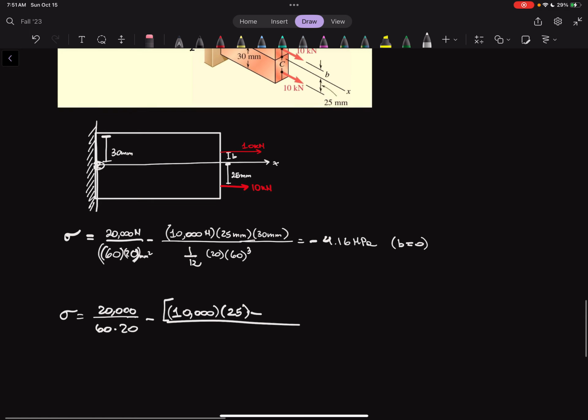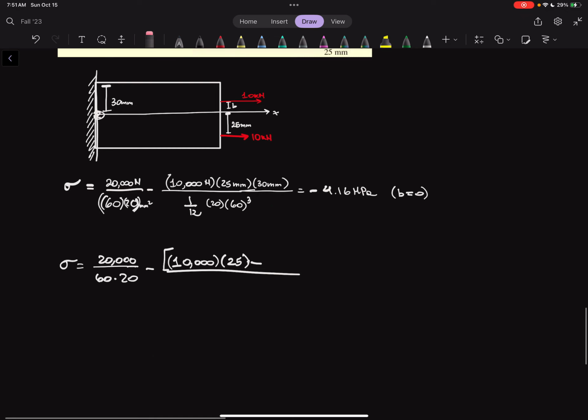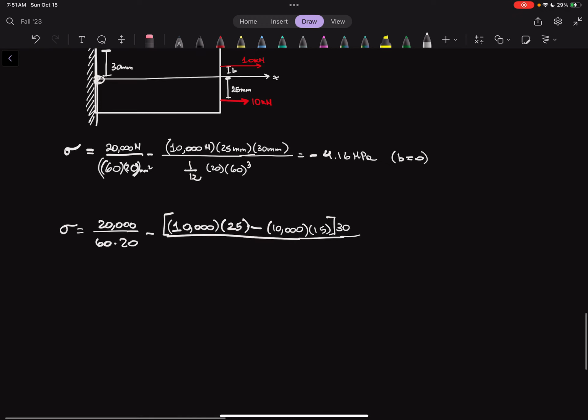This one's negative because this one is going to go this way. Right-hand rule, the moment vector points that way, which is in the negative z direction. And so we're going to have minus 10,000 at a distance of 15. That's going to be our overall moment. A is still going to be at 30, and then this is still going to be the same.